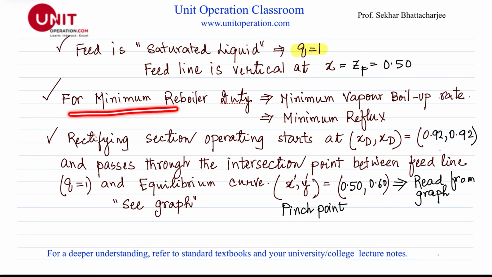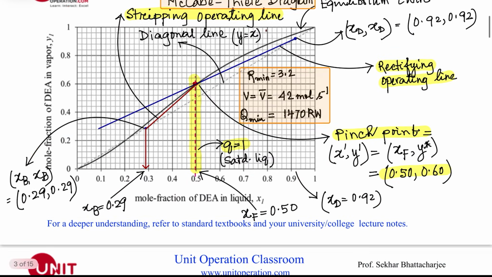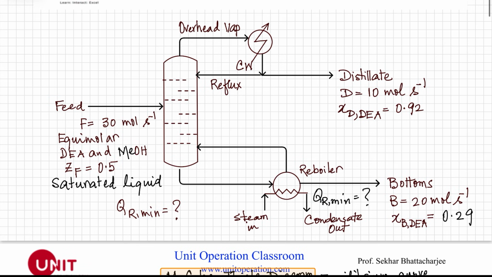For minimum reboiler duty, we have to find out the minimum vapor boil-up rate, which happens at minimum reflux.